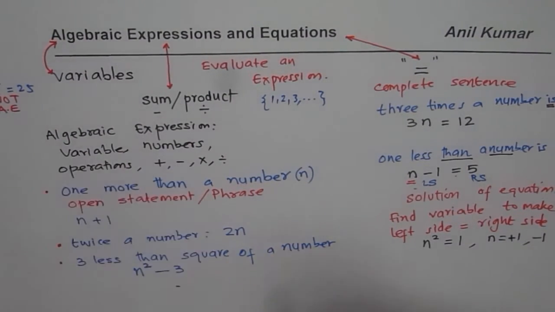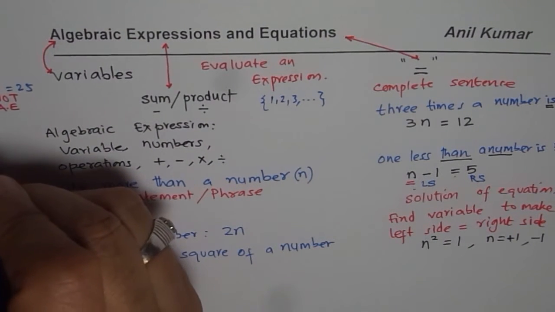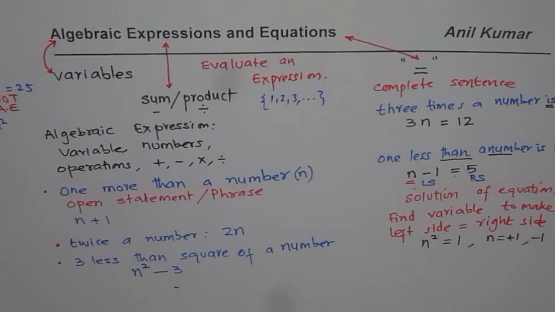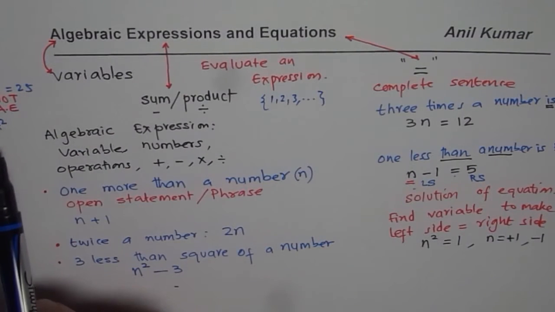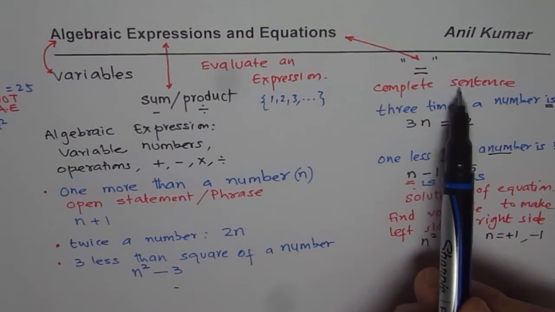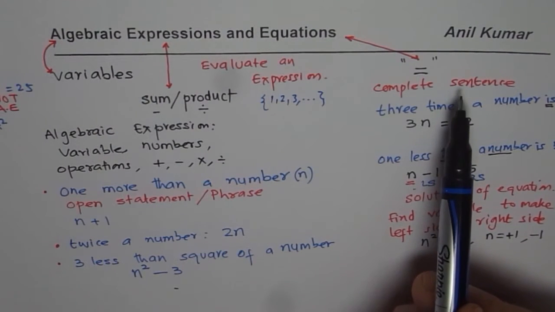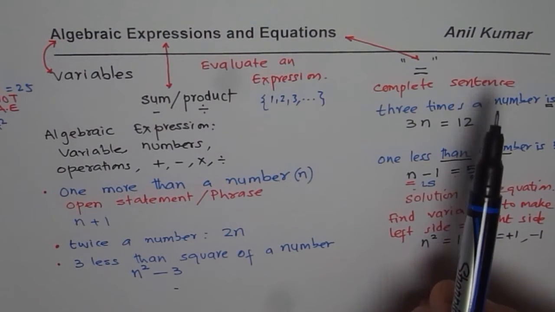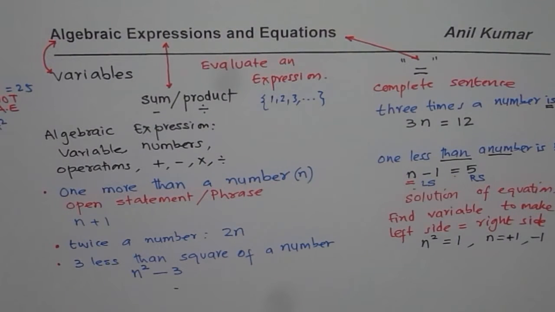Reason? There is no variable. Do you understand? But if I say 2x square, then that becomes an algebraic expression since it has a variable. So an algebraic expression will have a variable, and it will not have an equal to sign. As far as equations are concerned, same thing goes. It should have an equal to sign along with the variable, right? So this is the basic understanding.